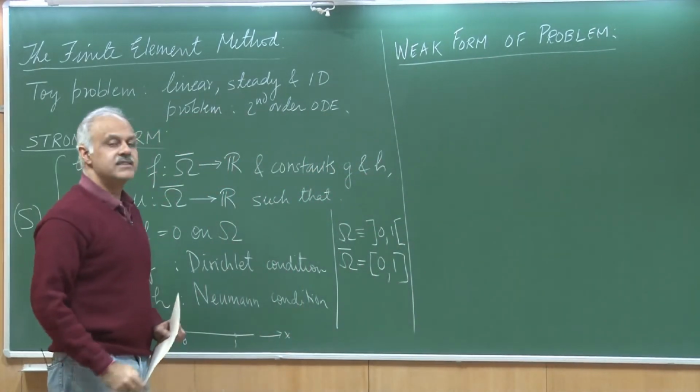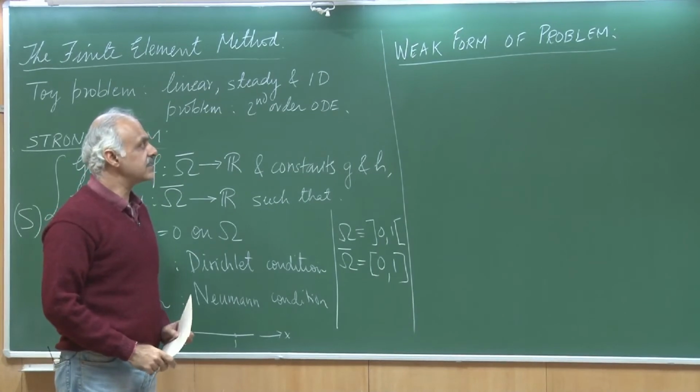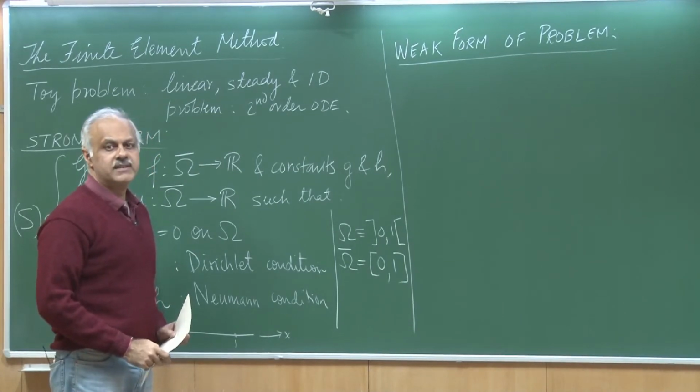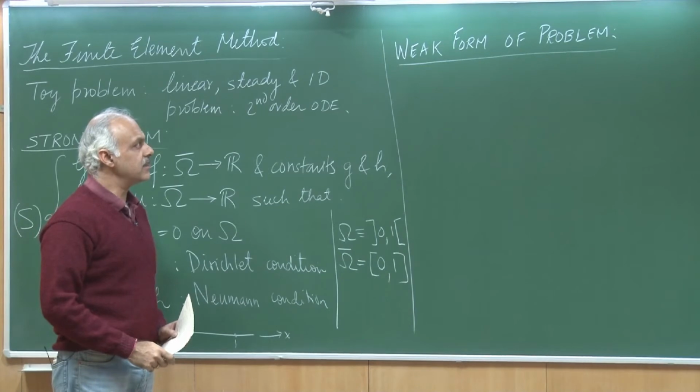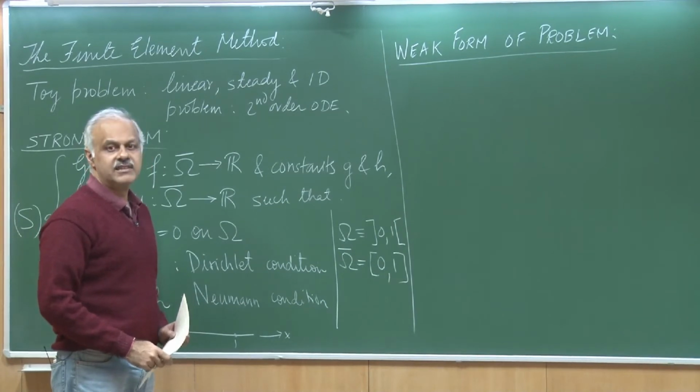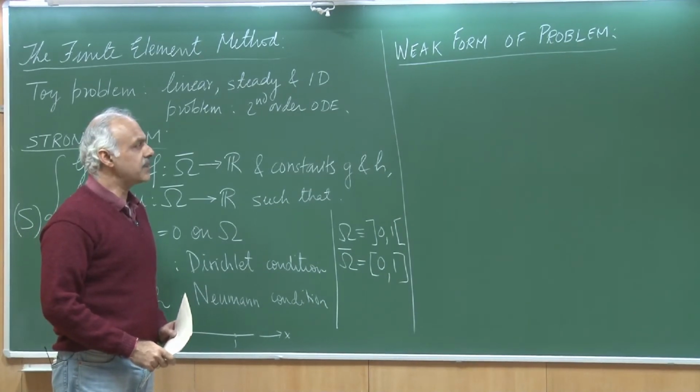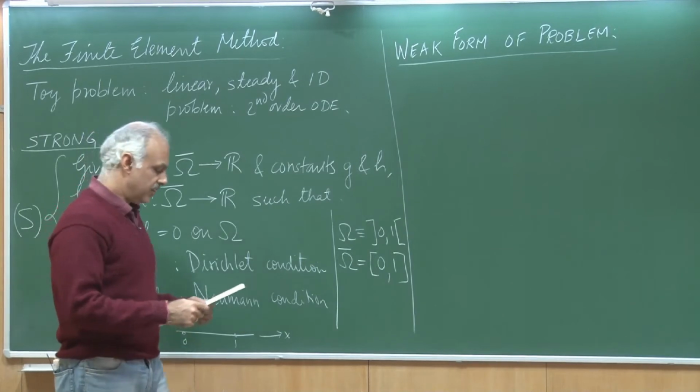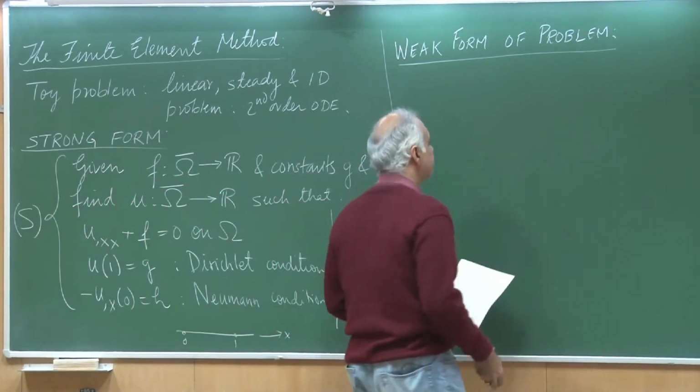So, for this, as we discussed in the last session, you need two sets of spaces. One space from which you get the trial functions, and the other space which has the weight functions. So, let us define them.